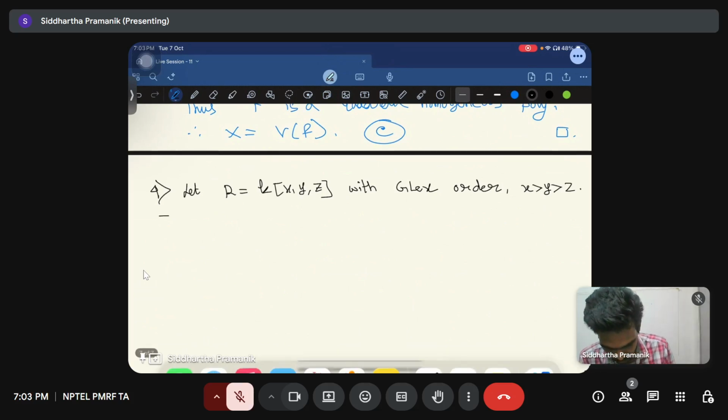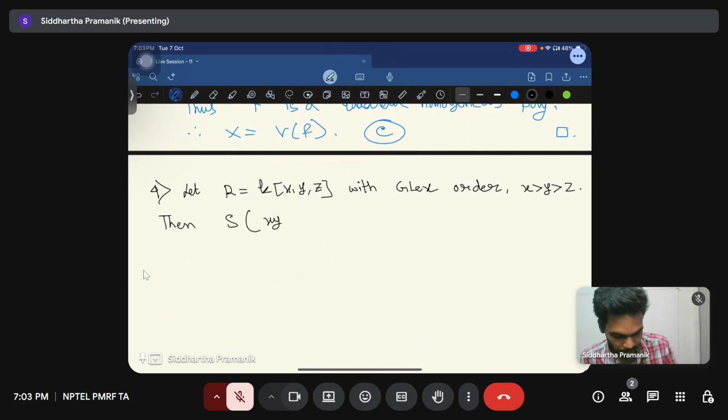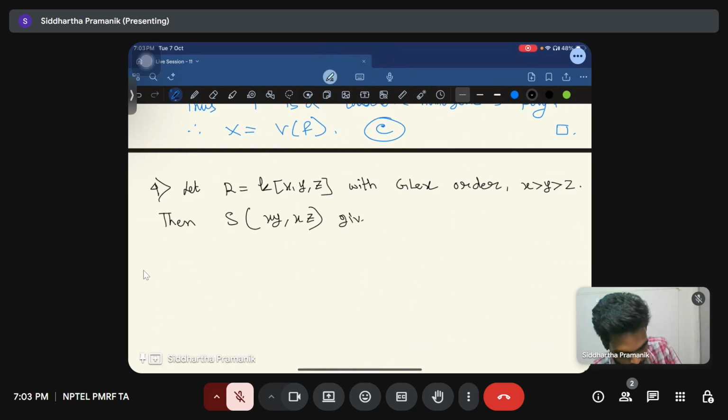Then if you take the S polynomial of the polynomials xy and xz, then this S polynomial gives a syzygy, which is z times xy minus y times xz equals 0. So this is true or false.